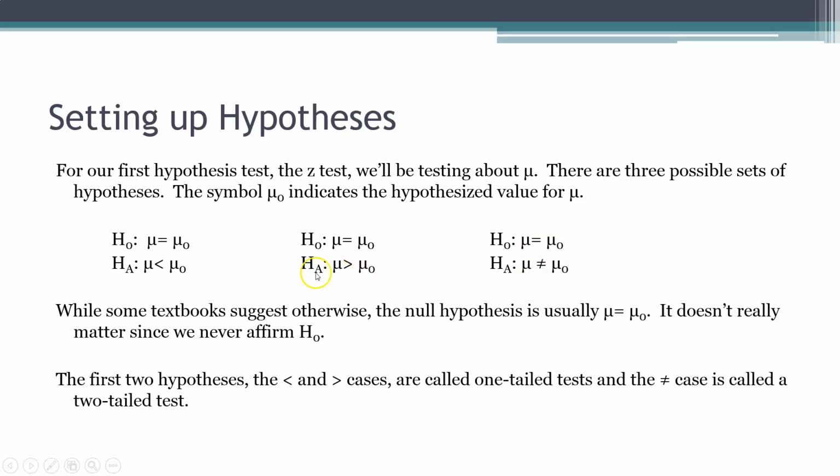And these other two are called one-tailed tests. And all you need to know about this is that it's a two-tailed test if the alternative hypothesis is not equal to. It's a one-tailed test if the alternative hypothesis is greater than or less than. And again, more about that in a minute.